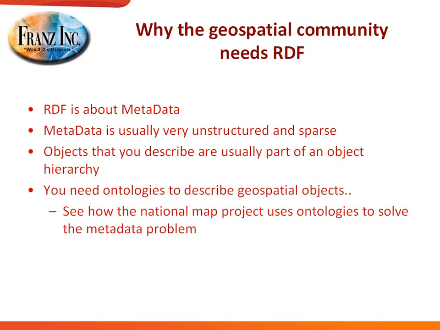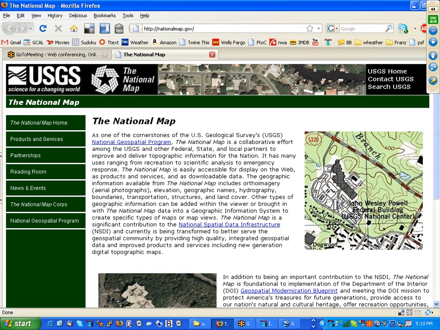One really nice example is the National Map Project that uses ontologies to make it easier to take all the layers of information that they have in the databases and do queries that go through all the layers. If you want to know more about this project, you have to go to nationalmap.gov.